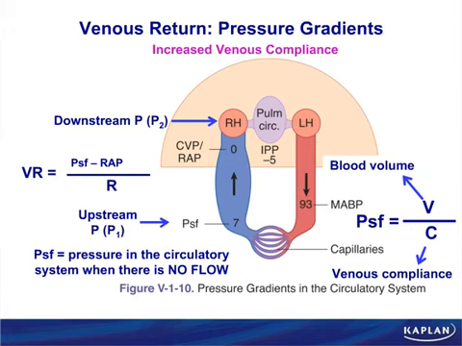All right, let's go the other way. Increasing venous compliance. Venodilators, as we indicated, classic example of it, or inhibiting sympathetics. If compliance goes up, then PSF goes down. Well, and if PSF is going down, that means the pressure head's going down. That means venous return is going down. Hopefully this also makes sense to you. If I dilate the veins, they're going to fill up with blood. So earlier we brought forth the concept that if the blood is in the veins, then it's not available to the heart.